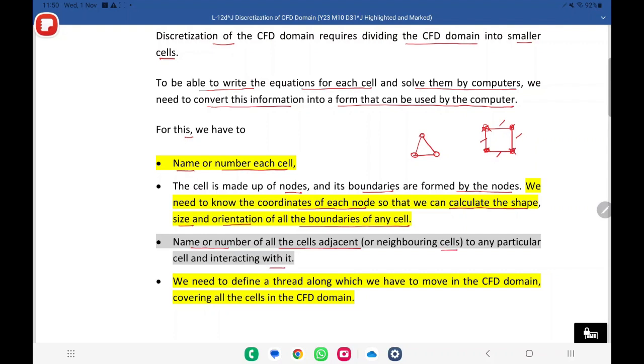Now in CFD, when you write an equation for one cell, it is actually in terms of the adjacent cells.